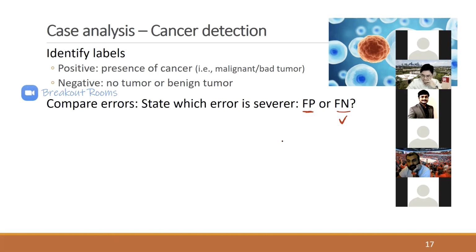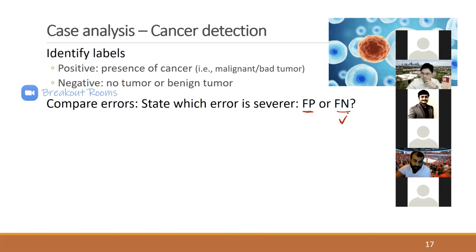Well, if you have a false negative, that means that you would basically tell the patient that there's no tumor, the tumor is benign, and then they would actually need treatment over time and their condition would deteriorate, and then they would have no treatment, their cancer would progress if they had false negative.